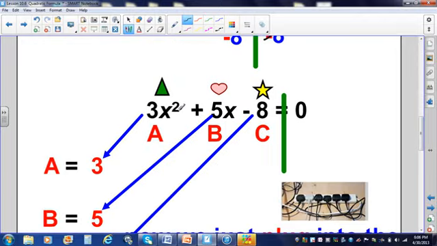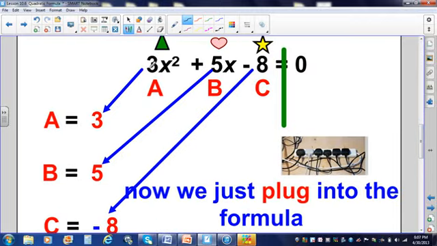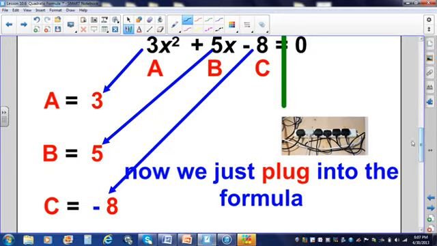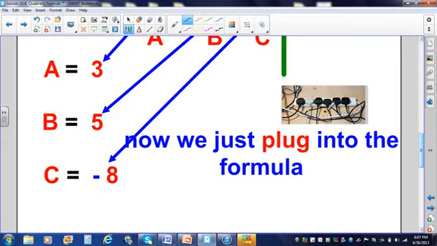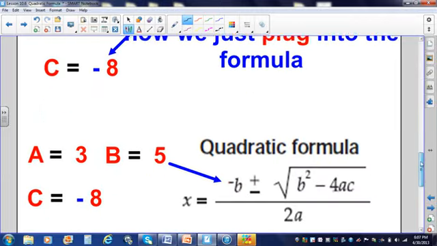So I'm left with 3x squared plus 5x minus 8 equals 0. So A is going to be 3, B is going to be 5, and C is going to be negative 8. So now that I have A, B, C on the same side, I'm going to plug into the formula.